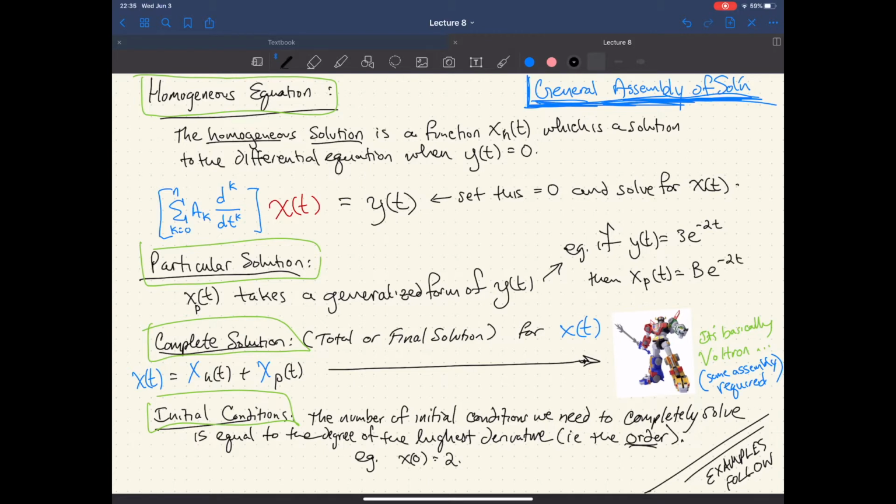That's usually going to be our first go at it. And there's some other rules that'll follow from there, but generally speaking, we're going to generalize what we have for our forcing function.